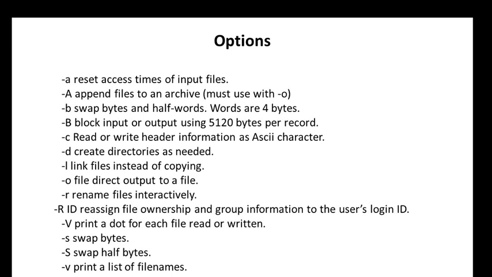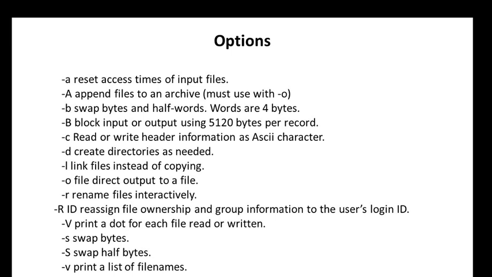Small c reads or writes header information as ASCII characters. Small d creates directories as needed. Small l links files instead of copying. Small o is for outputs to a file, and small r is for renaming files interactively.